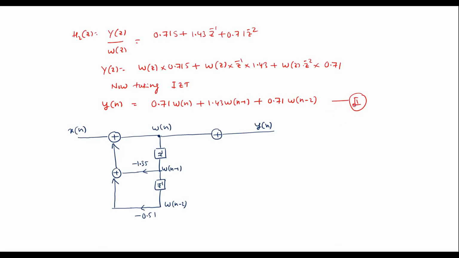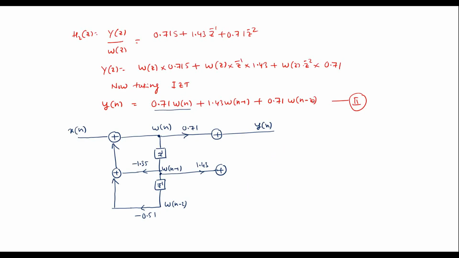Now with respect to equation 2, the output expression y(n) is equal to 0.71 w(n). Here w(n) is available, so we should multiply it with 0.71. Here we have 1.43 w(n minus 1). Here the w(n minus 1) signal is available. Pass this and multiply it with 1.43.